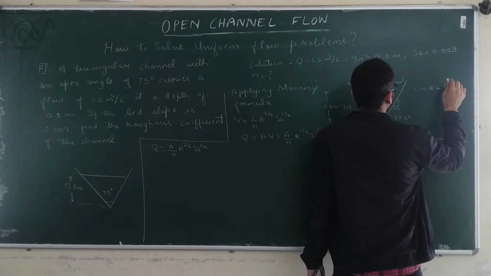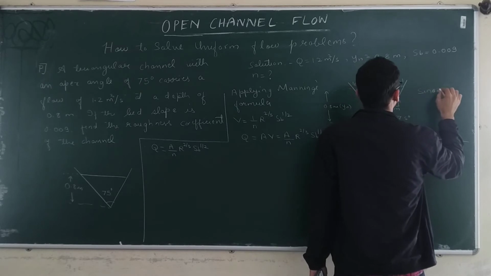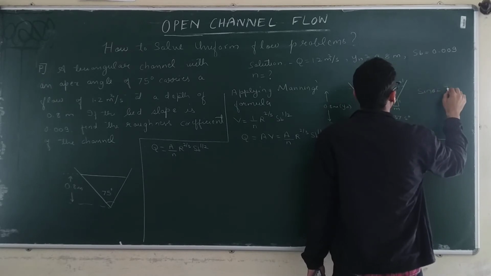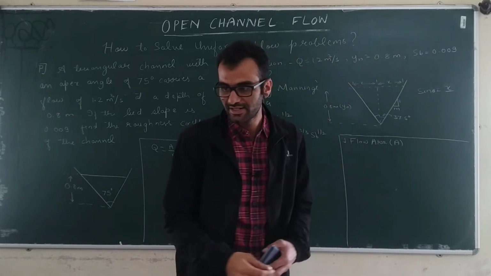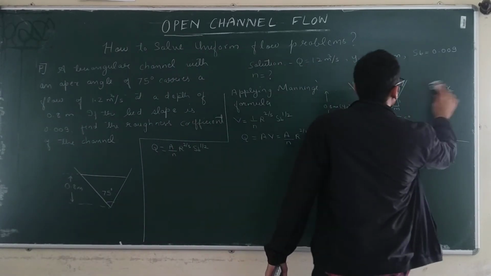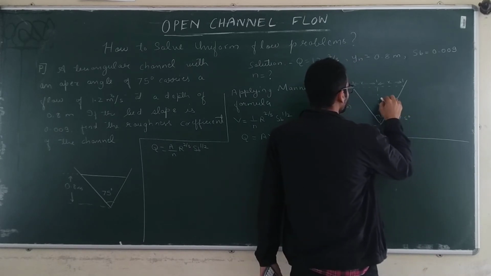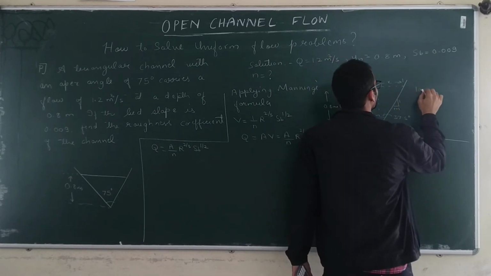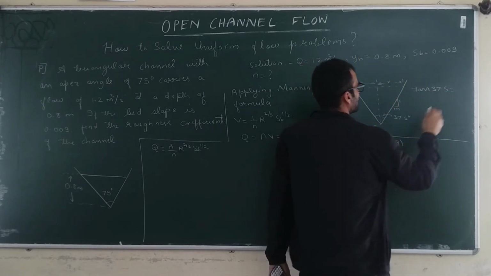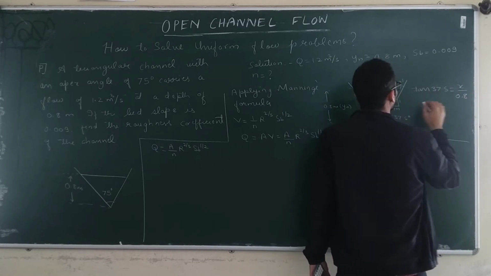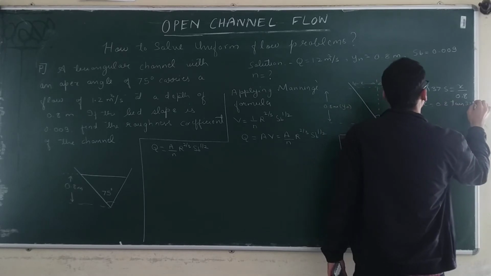Cos theta is adjacent upon hypotenuse, so we will use sin theta, opposite upon hypotenuse. You can also use directly tan theta, because we know the adjacent and we want to find out the opposite. So just use tan of 37.5, it is opposite upon adjacent, so that is x upon 0.8, therefore x will be 0.8 tan of 37.5.